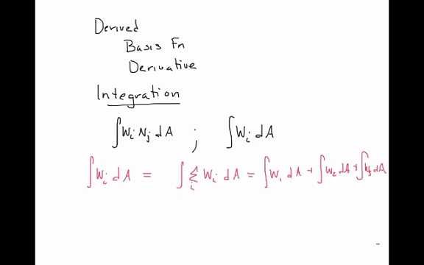Okay, what else do we know? The other thing that we know is that the sum of Wi over I is equal to 1. Now this may not be obvious, but if you remember in the one-dimensional case, when I plotted both the basis function n1 and the basis function n2, they always summed to 1.